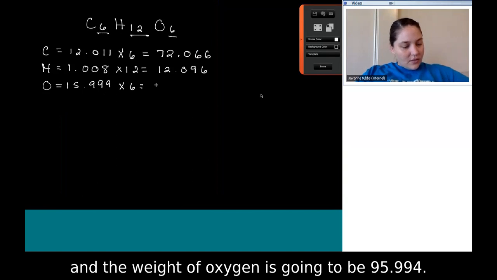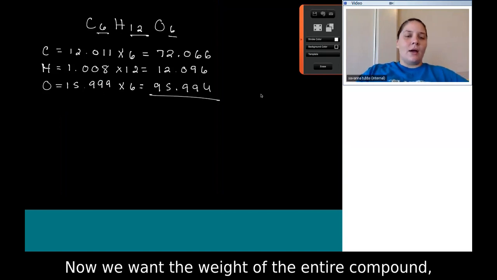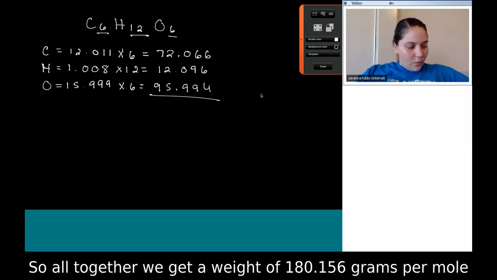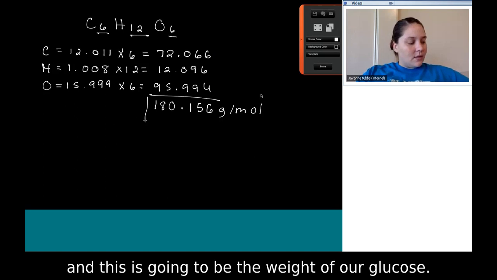And the weight of oxygen is going to be 95.994. Now we want the weight of the entire compound, so we're going to add all of these together. So altogether, we get a weight of 180.156 grams per mole. And this is going to be the weight of our glucose.